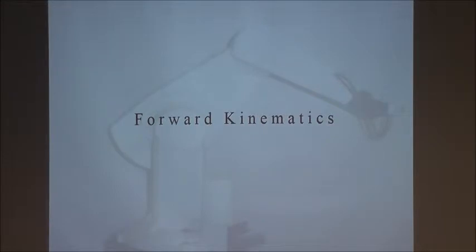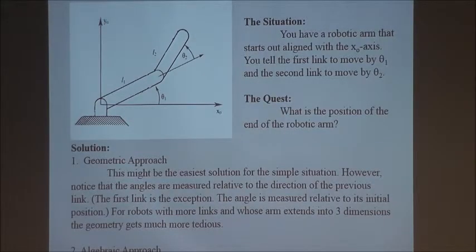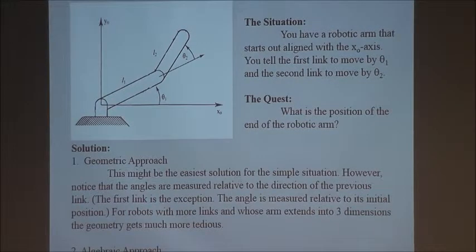So let's now talk about forward kinematics. And we try to solve simple, trivial robot problems, two-link robot, on a plane. Similar to your double pendulum in the lab. Okay. You have a robotic arm that starts out aligned with the x0 axis, would be here.